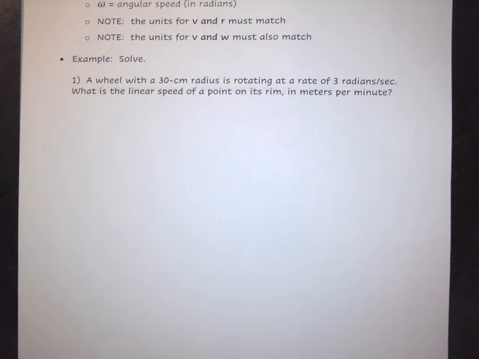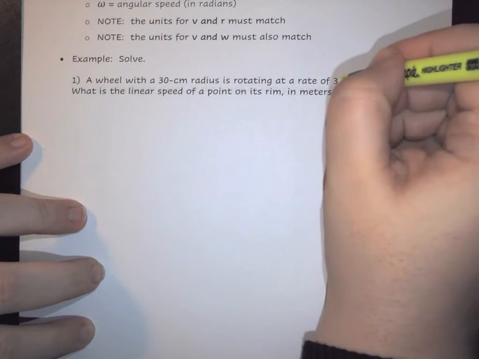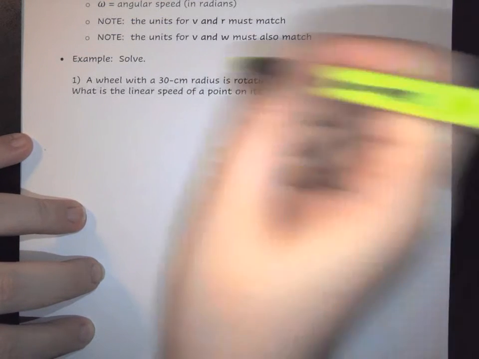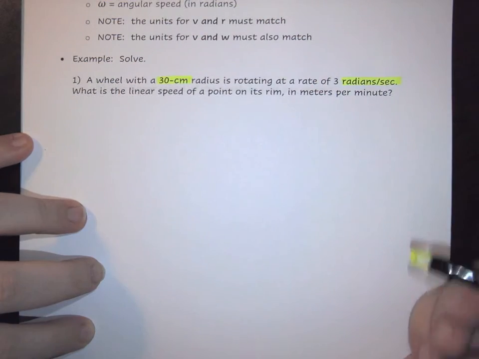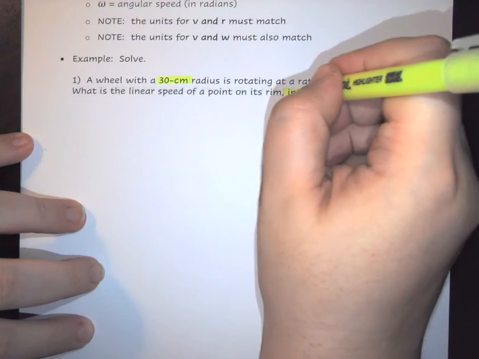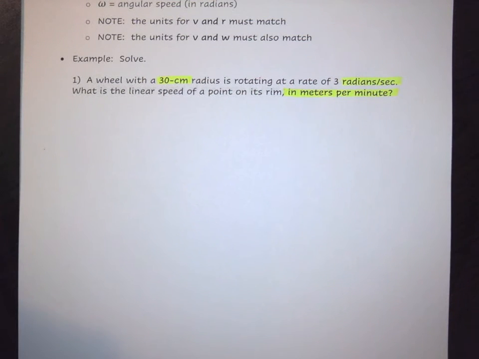My rotation is in radians per second and my radius is in centimeters, but I want my result in meters per minute, so we're going to have to do some conversions.